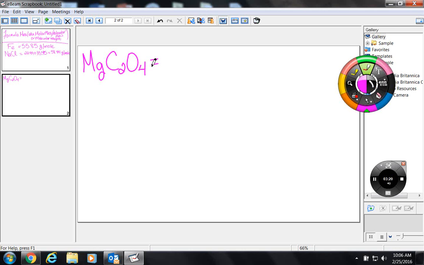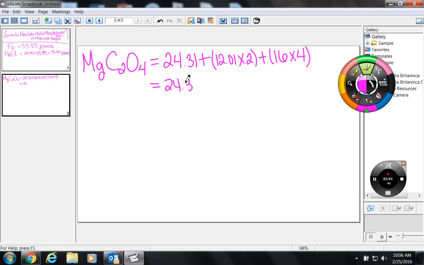Magnesium is 24.31, carbon is 12.01, and oxygen is 16. So I have to make sure I multiply by the subscripts.